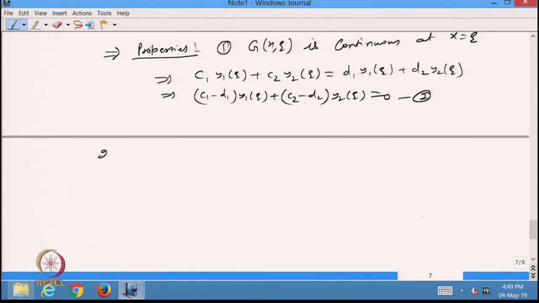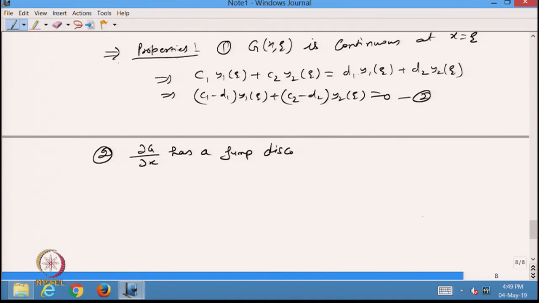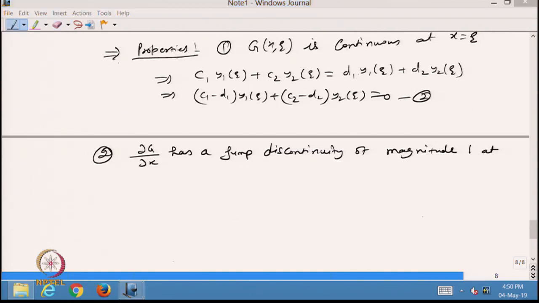The second property is that del g by del x has a jump discontinuity of magnitude 1 at x equal to xi.